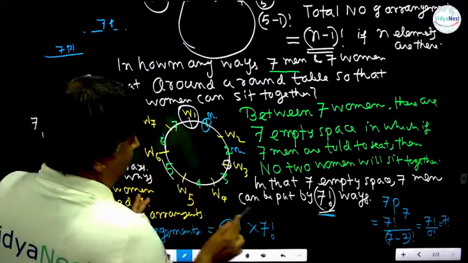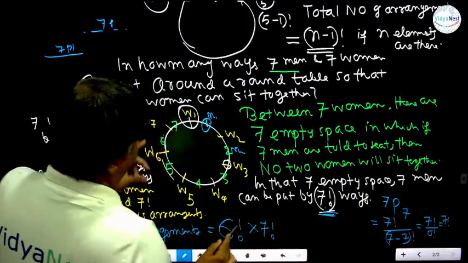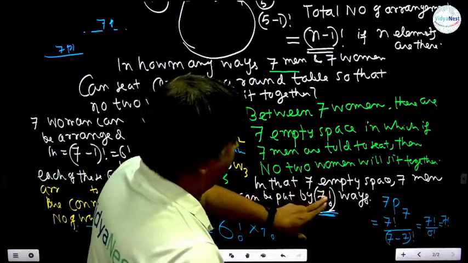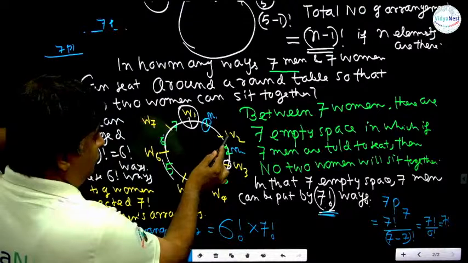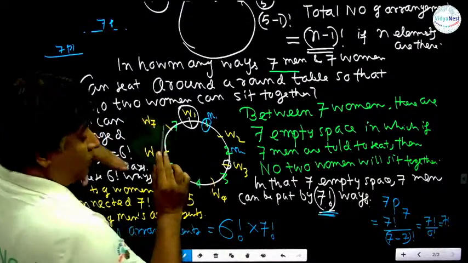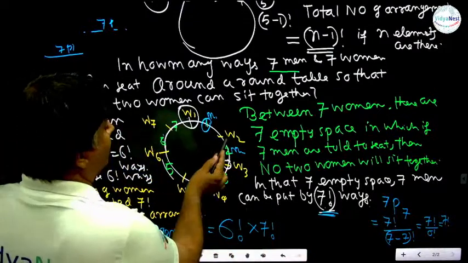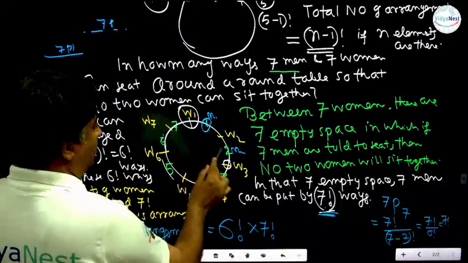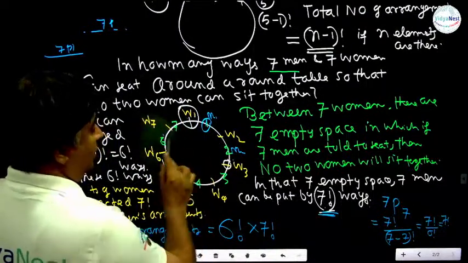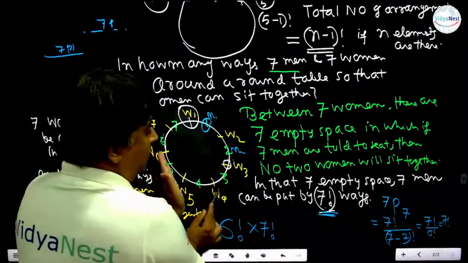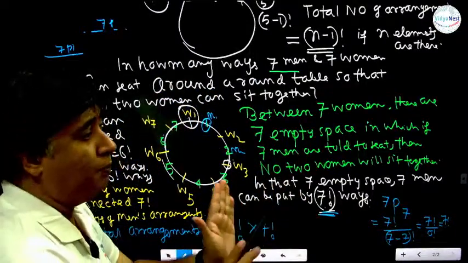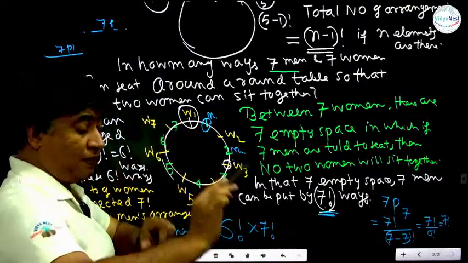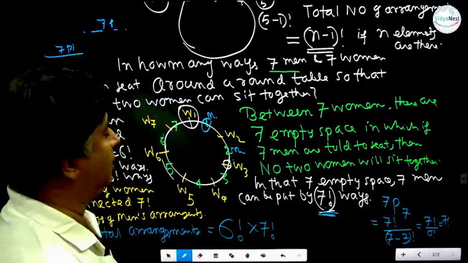With this arrangement I can insert the men in factorial 7 ways. Now if you change the position of the women, because the women's position is not fixed, another way: W2, W3, W4, W5, in this way. With that arrangement also I have factorial 7 arrangements of the men.